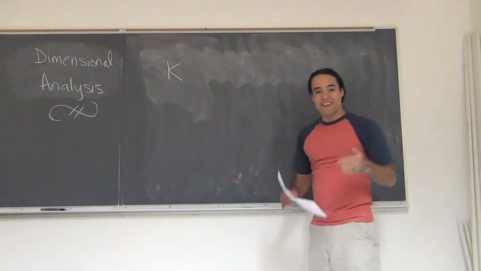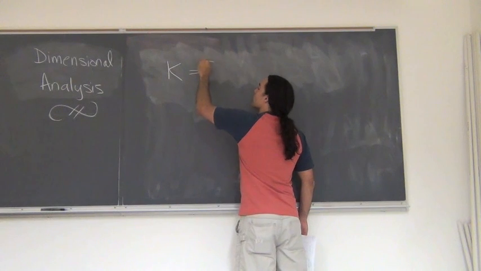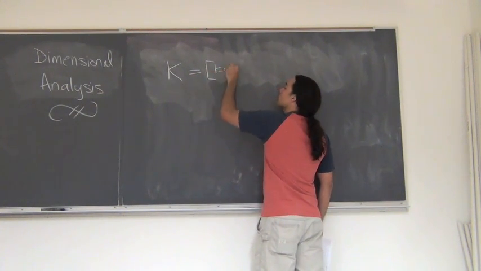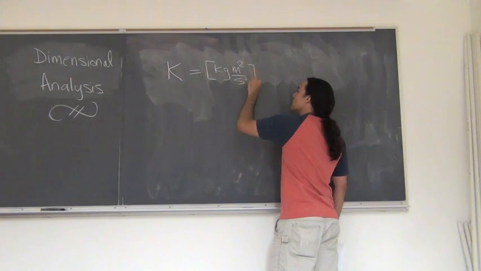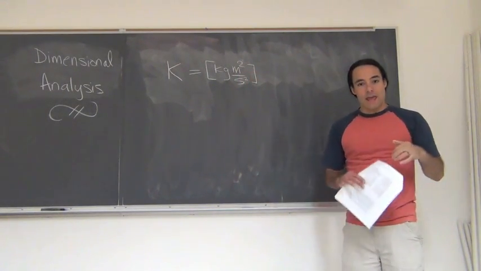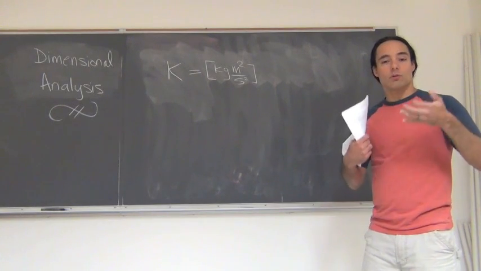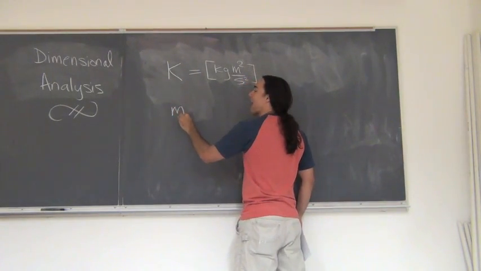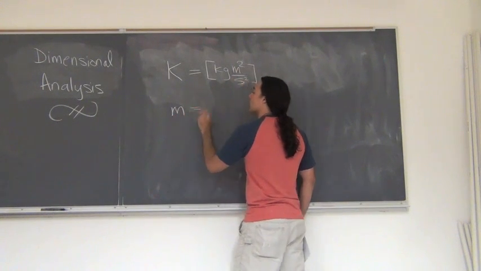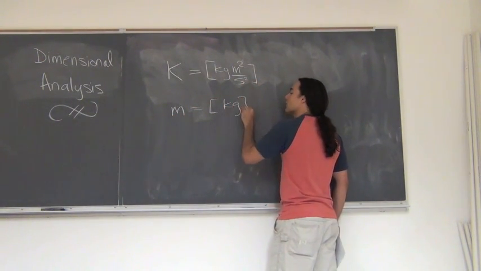Suppose you want to find the kinetic energy. Well, kinetic energy has units of kilograms meters squared over seconds squared. Now, kinetic energy happens to be the energy of motion. So let's say you suspect that the formula for kinetic energy depends on the mass, which we know has units of kilograms.